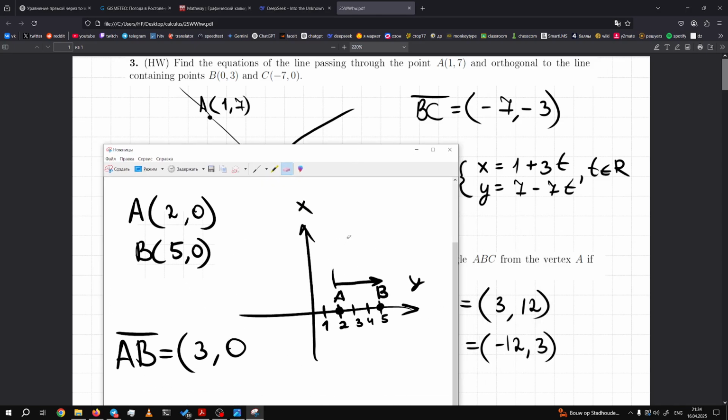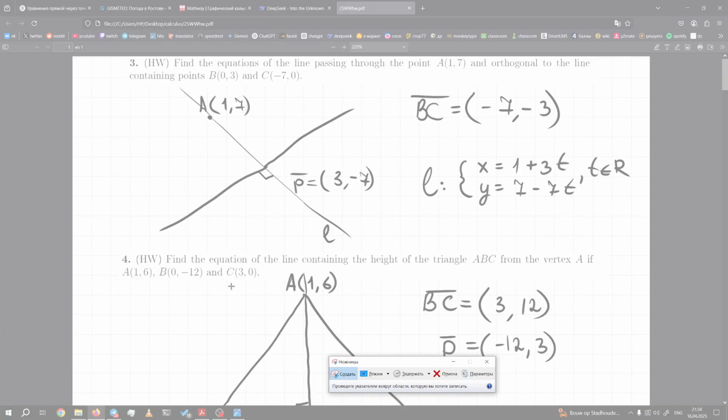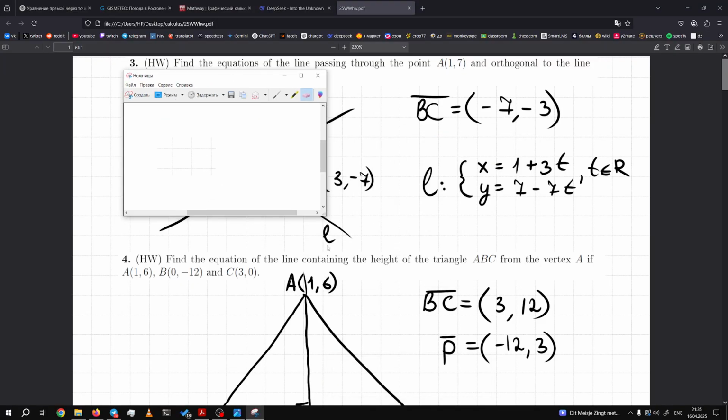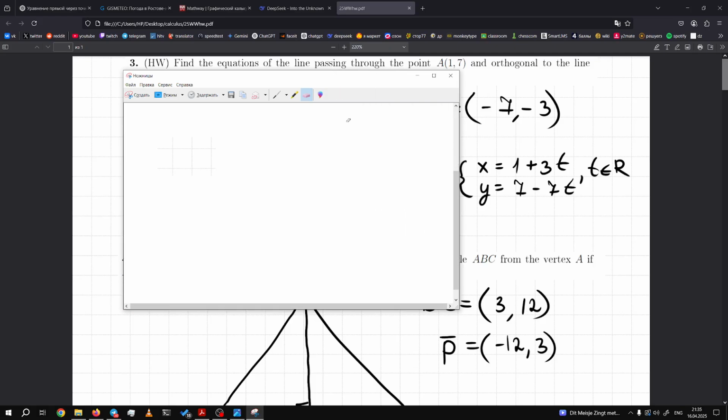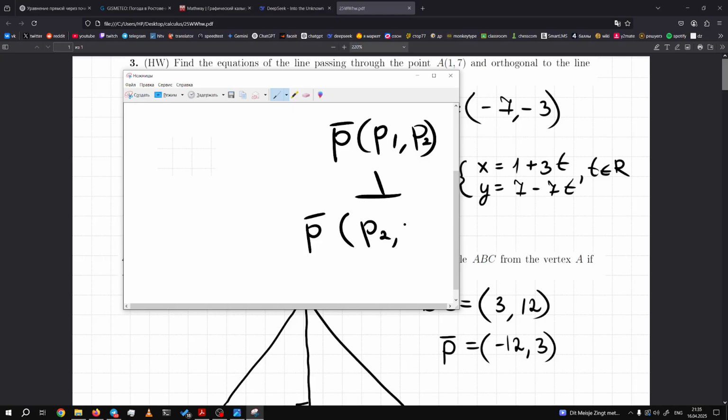If you have a vector P with coordinates P1, P2, then the orthogonal one will be P2, minus P1. Yeah, you know.